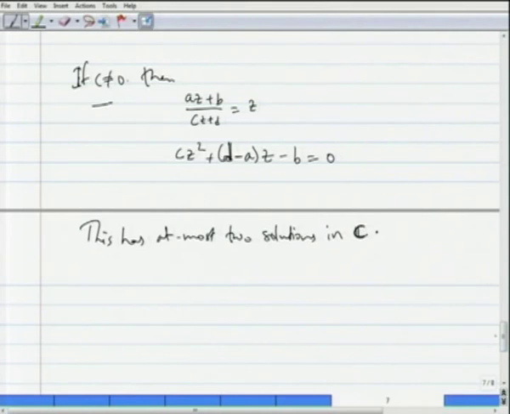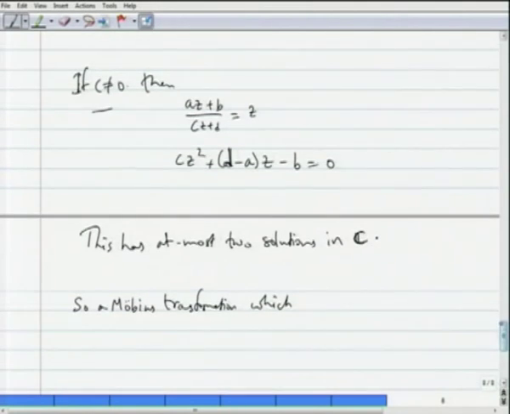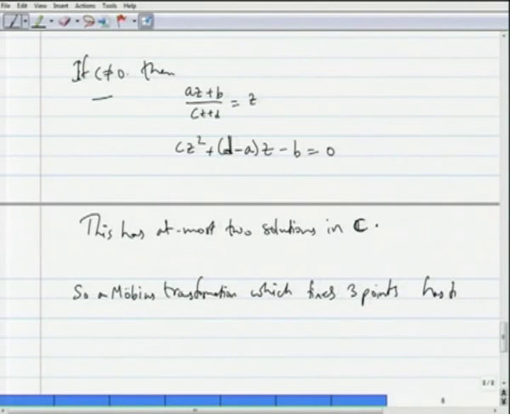So, a Mobius transformation which fixes 3 points has to be the identity.